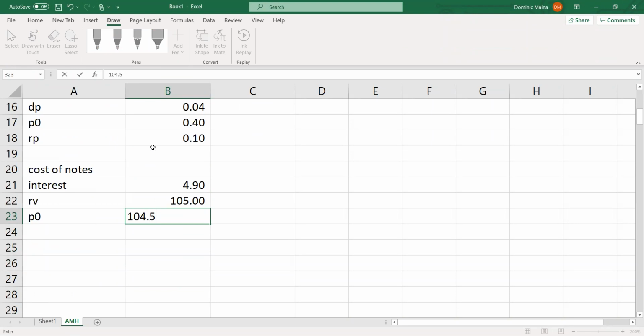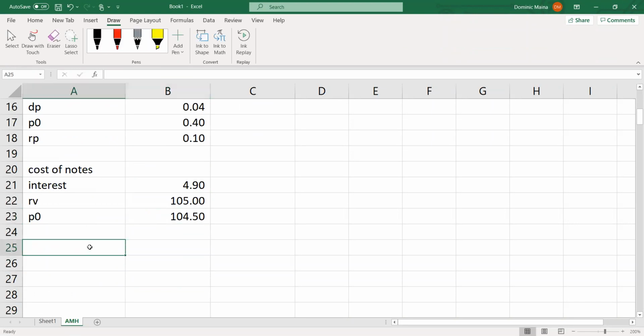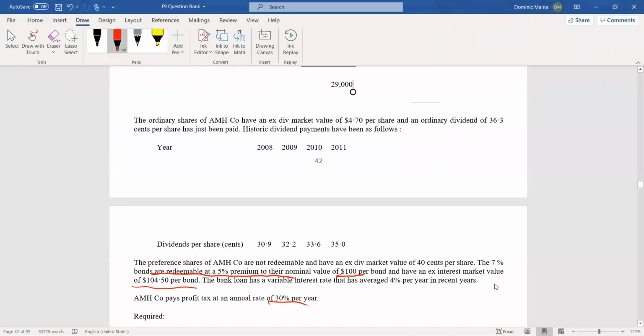Then we can get the cost of the debt. Here you can have cash flow, year 0, and so on. Redemption occurs in which year? Is it year 3 or year 4? I don't know, let me go back to the question. When does the redemption occur?